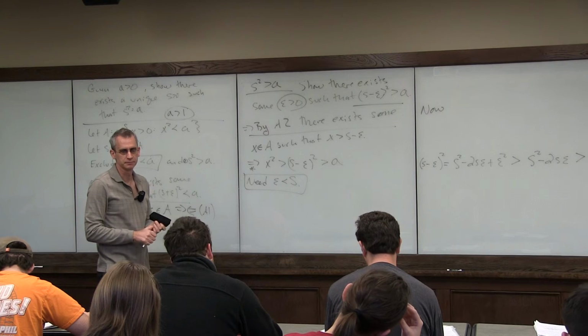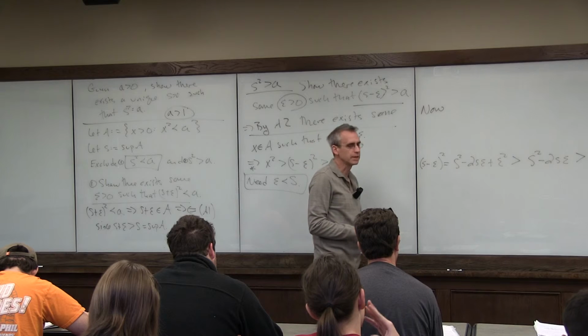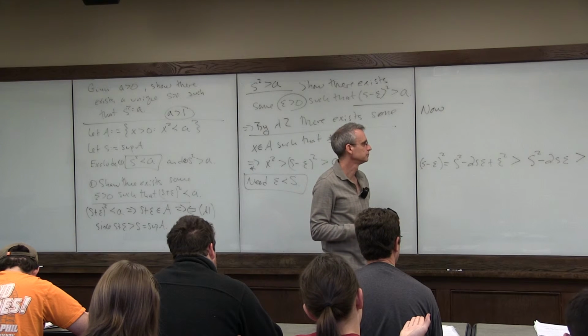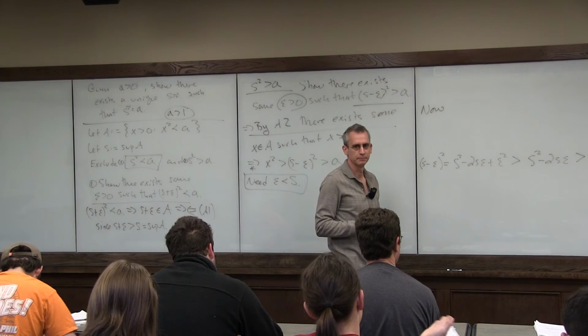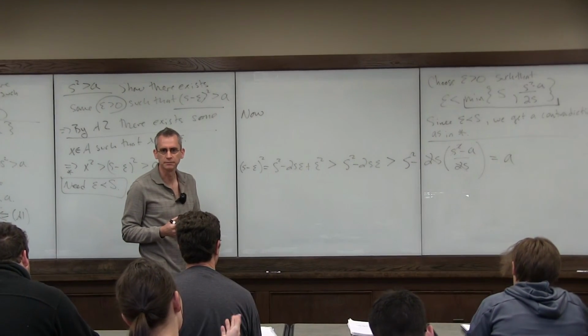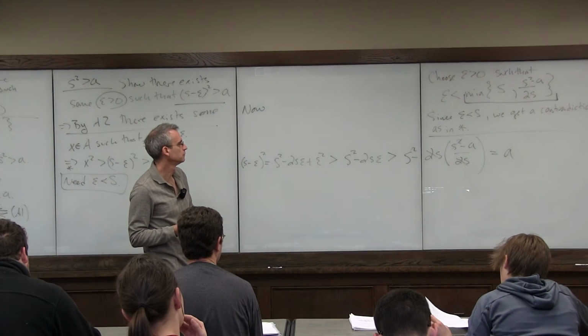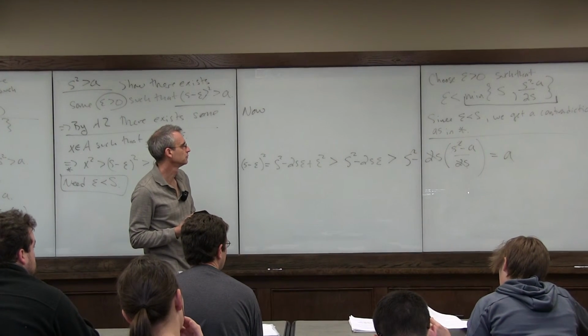Okay, and so you choose epsilon so that it's smaller than... Yep. Because you already know that it's smaller than s. Yep. You pick the other one, so that way you have both of them covered. Pick the other what? You pick s squared minus a over 2s, since you already know that epsilon is less than s.